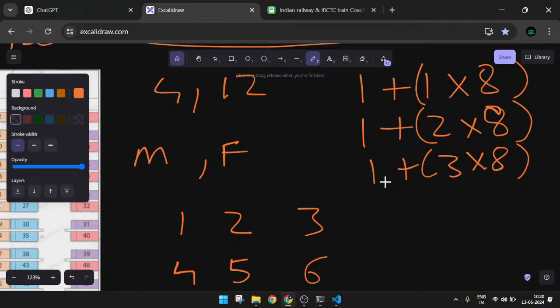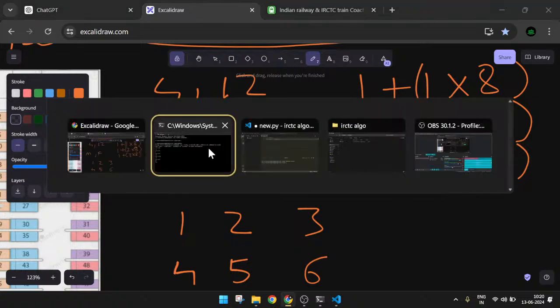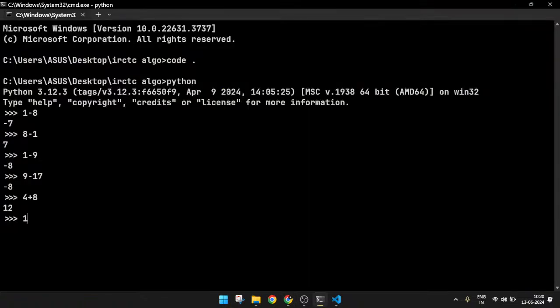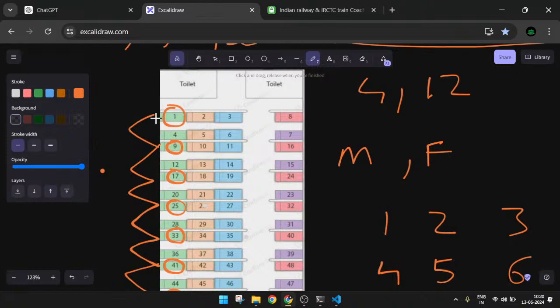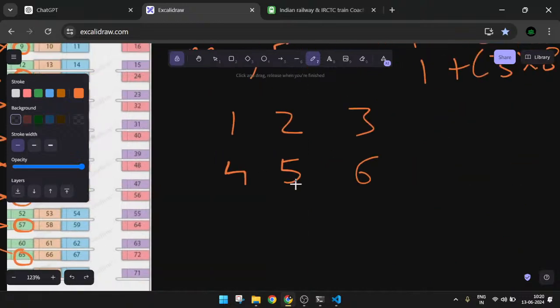So what's the output? 25. So 1, 1, 2, and 3. Here is the 25. I'm trying to understand something about this.